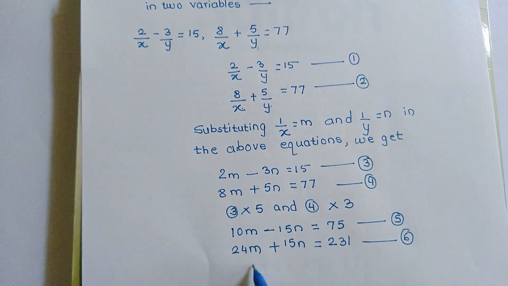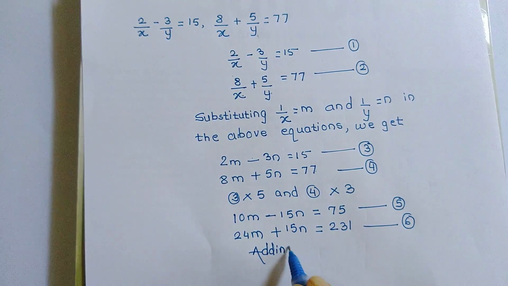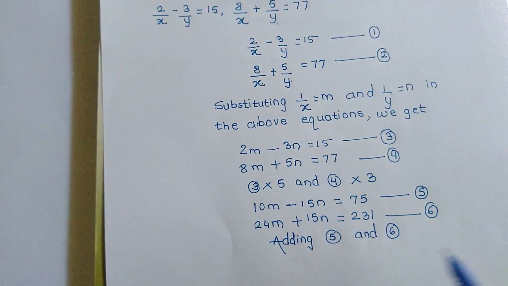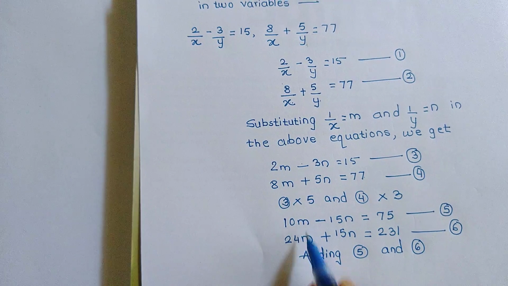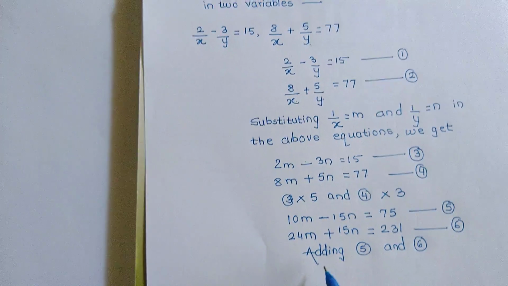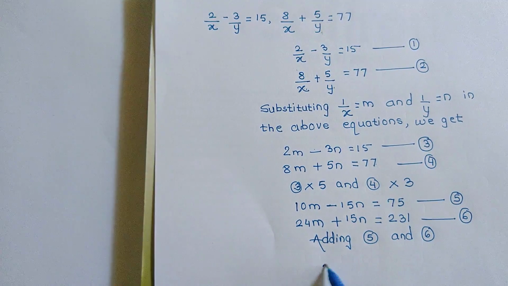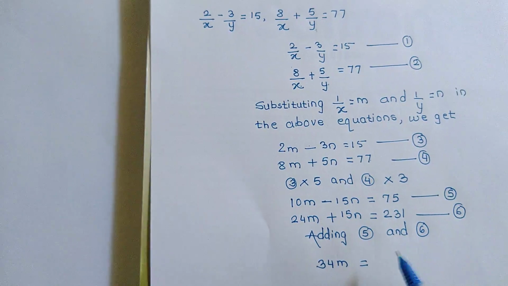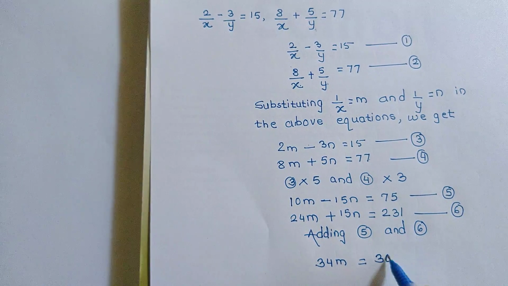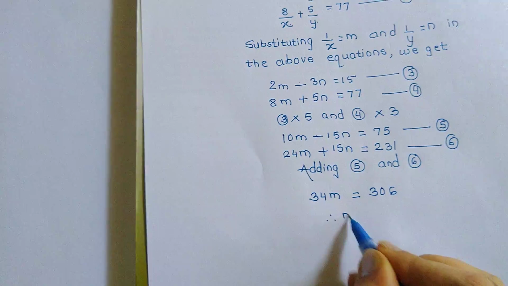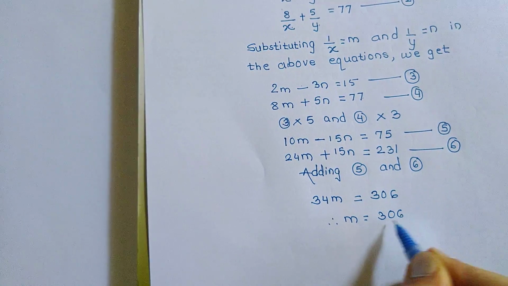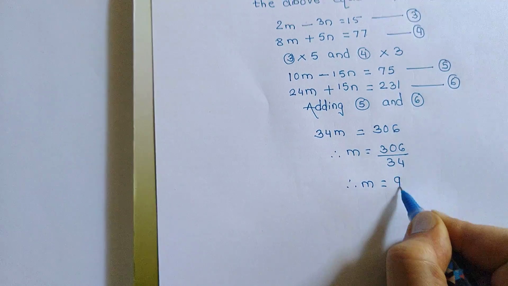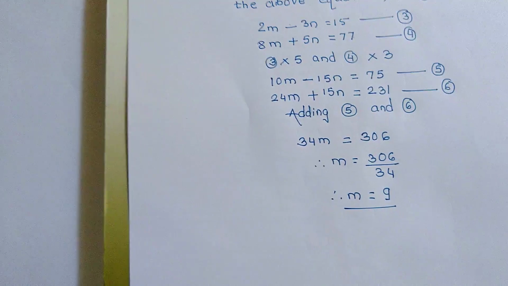So adding 5 and 6, we get 10m plus 24m, that is 34m, and 75 plus 231 gives you 306. So therefore m is 306 upon 34. Therefore m is 9. So you got the value of one unknown variable.